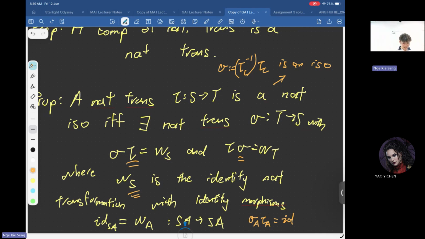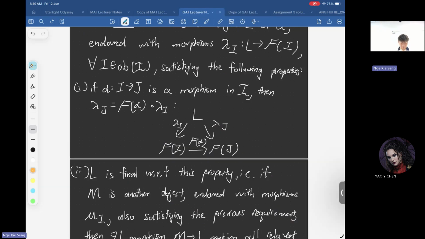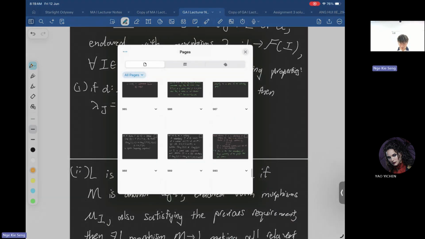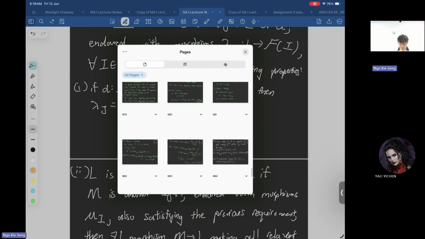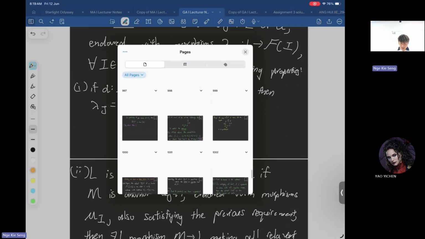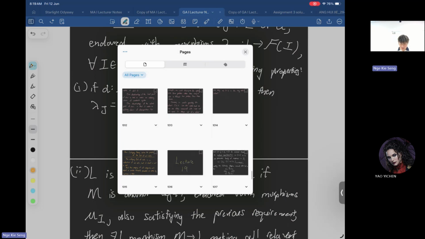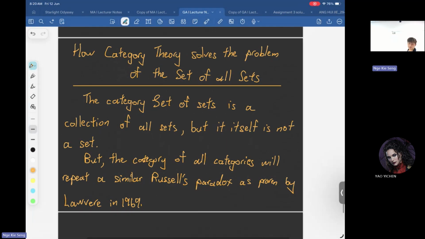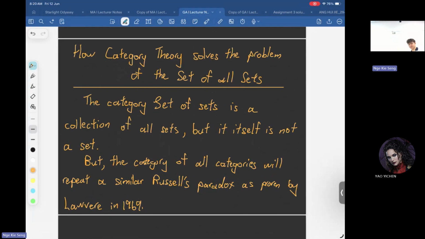Okay, so maybe since most of you are here, maybe I want to add on a bit from last lecture. Last lecture, someone asked about the category of categories, in particular how category theory solves the set of all sets. It solves it because we put all the sets into a category, but then the category of sets is not a set itself.